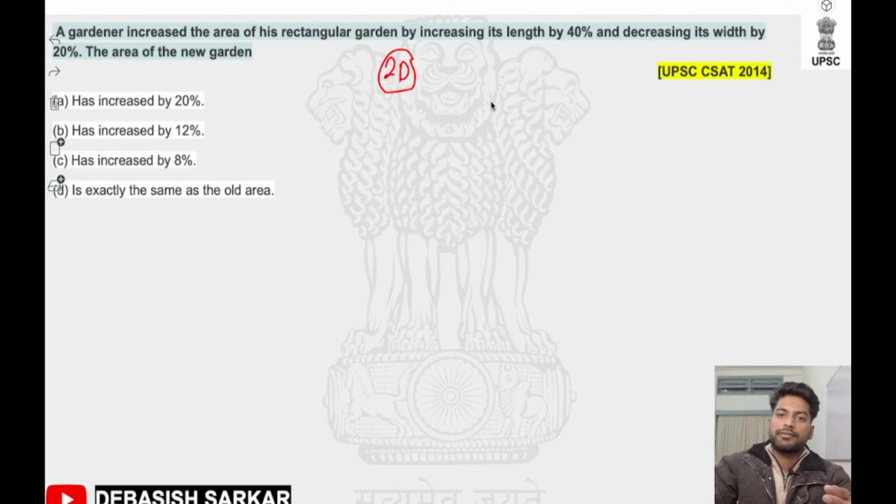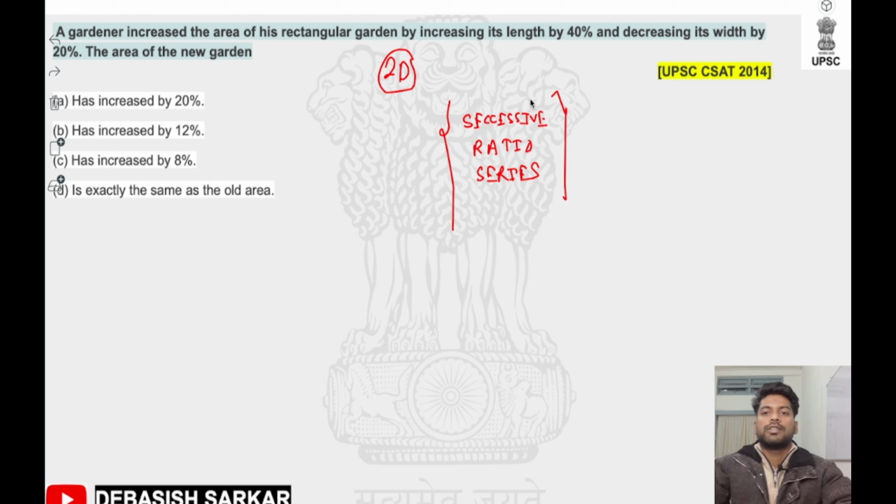In percentage, when we learn the concept, we'll be learning three methods: successive, ratio method, and series method. We'll be learning all of this. But the successive method for two percentages is easy.